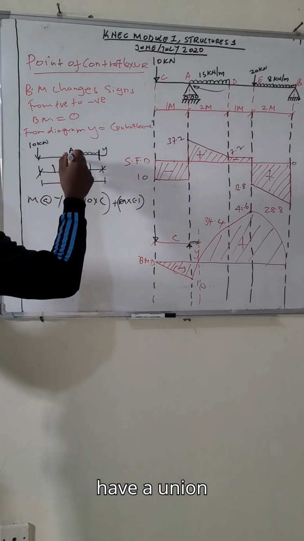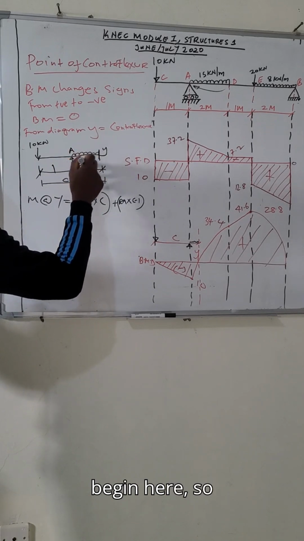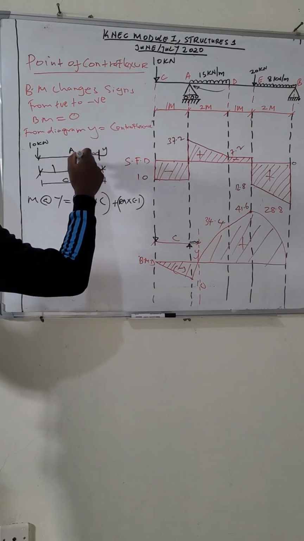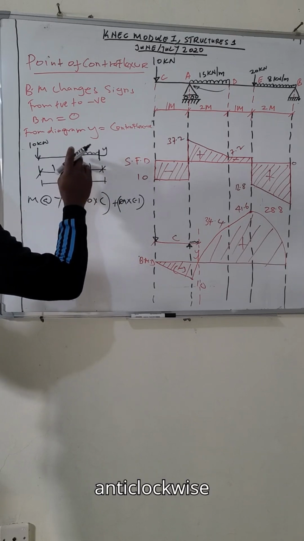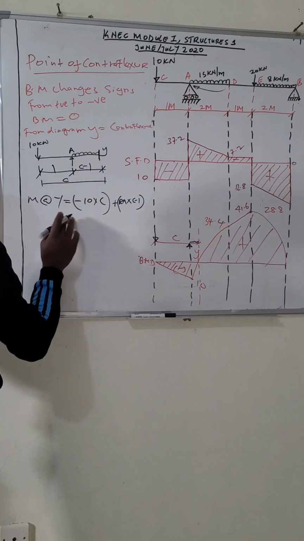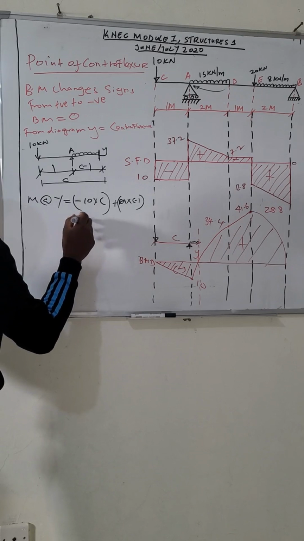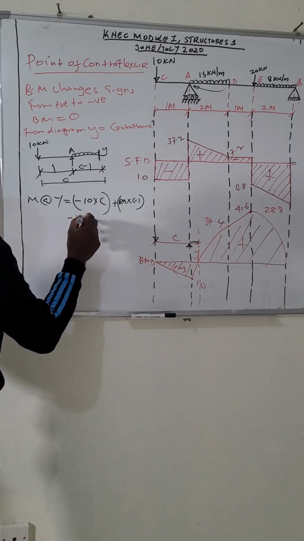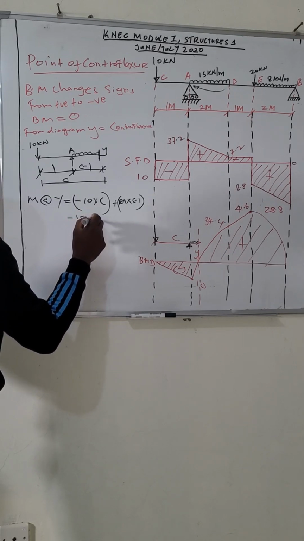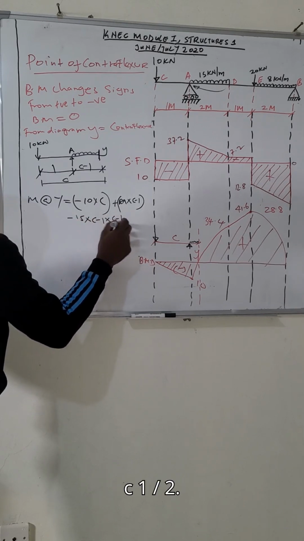And then we have a UDL from here to here, again anticlockwise, so minus 15 times C minus 1 times C minus 1 over 2.